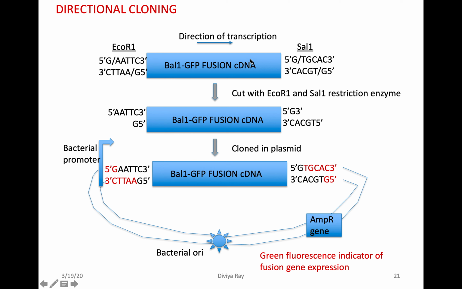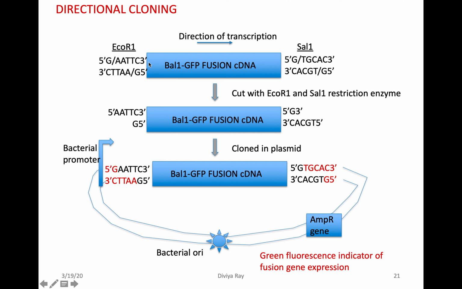Here I'm using two enzymes which are generating ends that are not compatible. So remember, in question 2, we looked at two possible orientations because we were using the same restriction enzyme to cut the plasmid as well as the cDNA fragments.